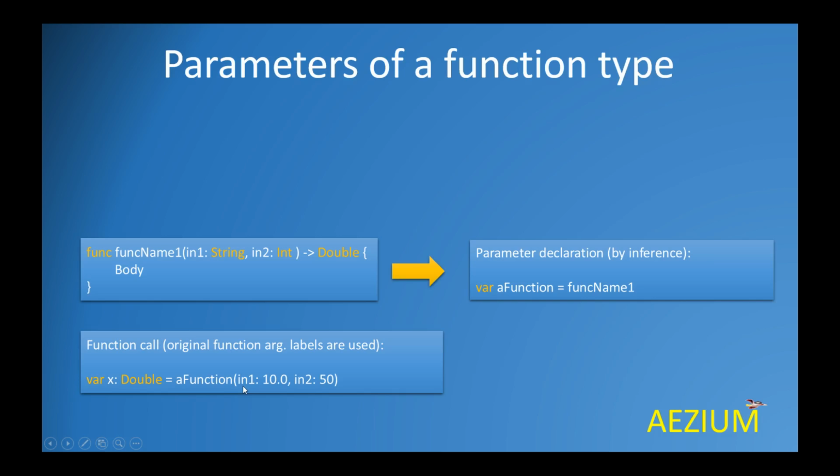And in the same way as we would call funcName1 using these argument labels, we call a function using the same argument labels, and we pass the values to it accordingly. And this new function will return a value which has the same type as the return value of the original function.